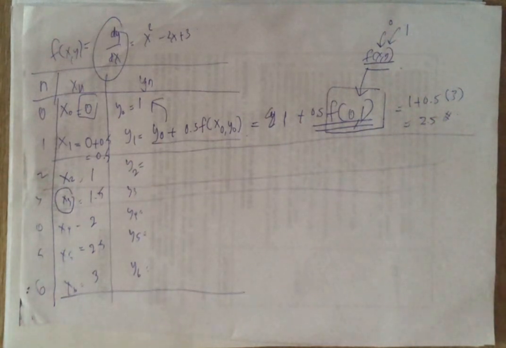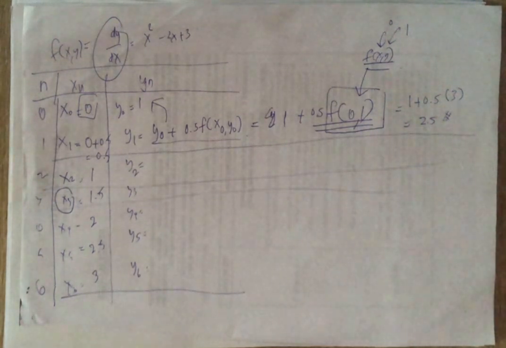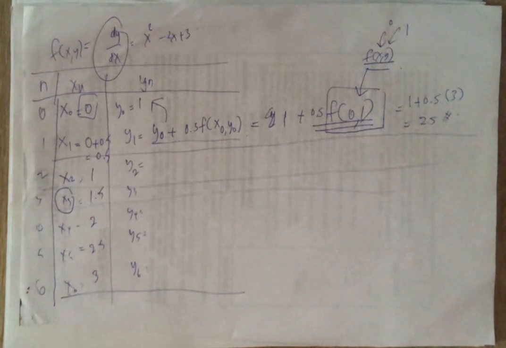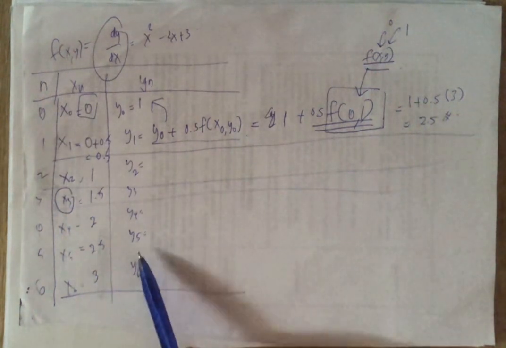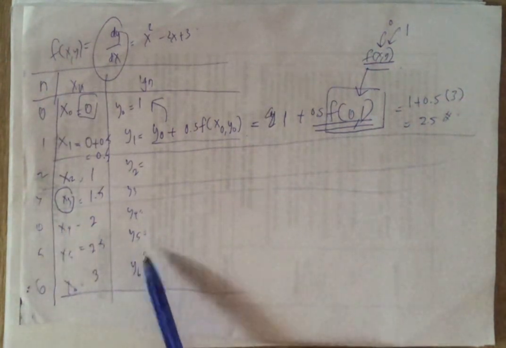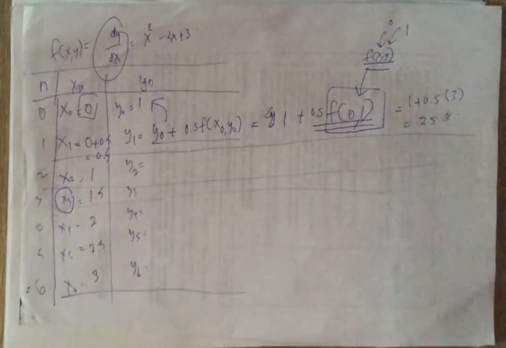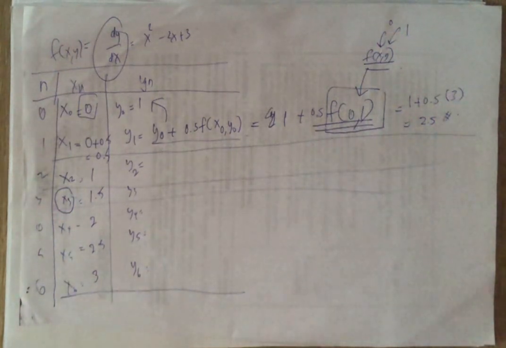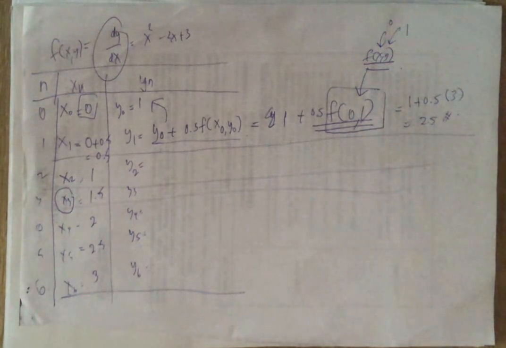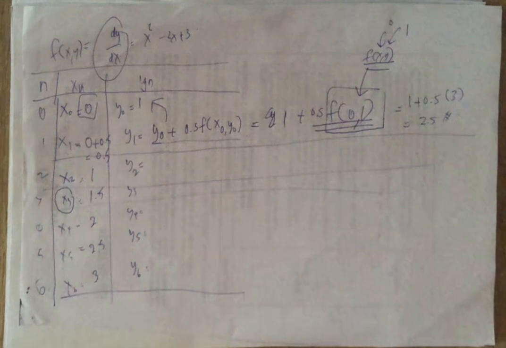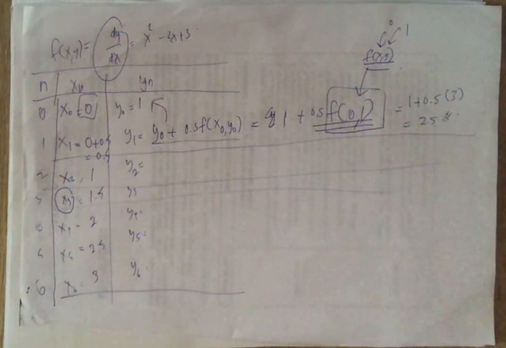Lepas tu you combine. Sila tak boleh. So kenapa tak boleh? Because for example, to calculate y5, you need the value of y4. Maksudnya you tak boleh dapat soalan, you nak terus buat y6. Tak boleh. You need to follow the sequence. You need to follow y0, y1, y2 and so on. So dia kena ikut sequence, one thing.